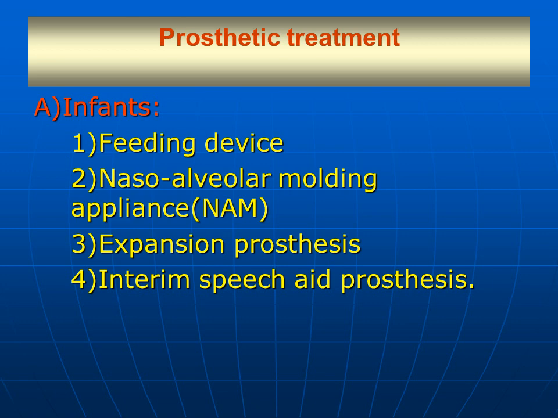Prosthetic treatment, which is the third phase, is divided into 2 main phases: in infants and in adults. In infants, we have 4 appliances: feeding device, nasoalveolar molding device or NAM, expansion type prosthesis, and interim speech aid prosthesis.